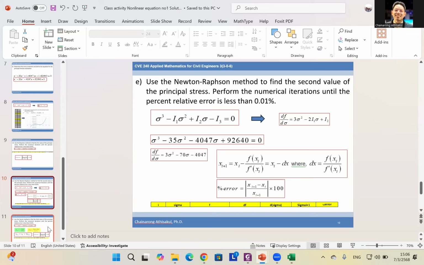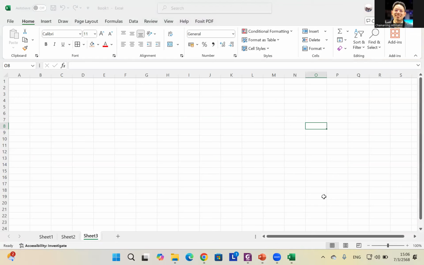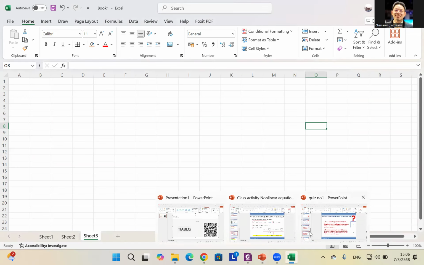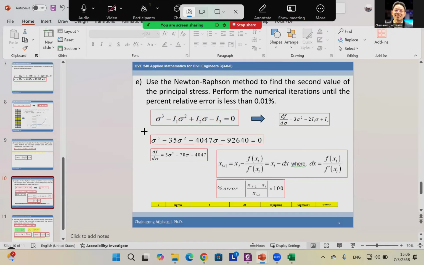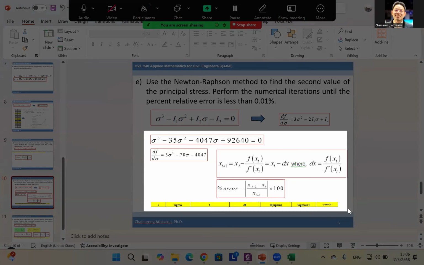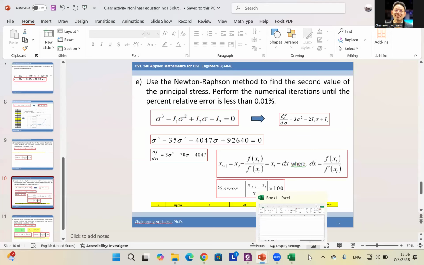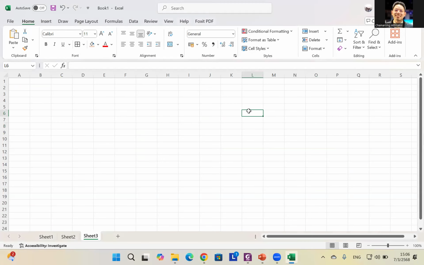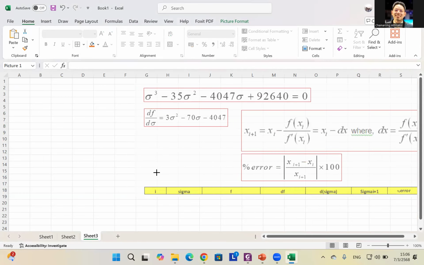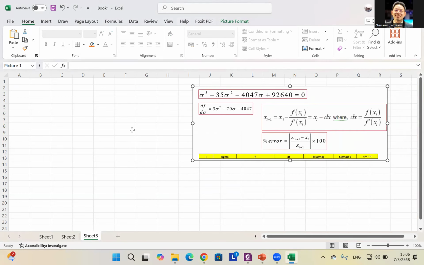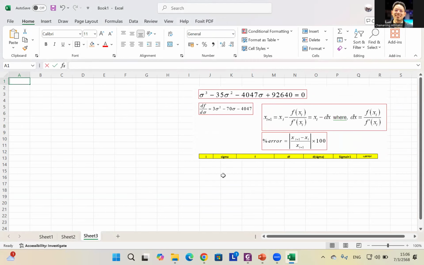Okay. So then we may set up the table. Here's the first.